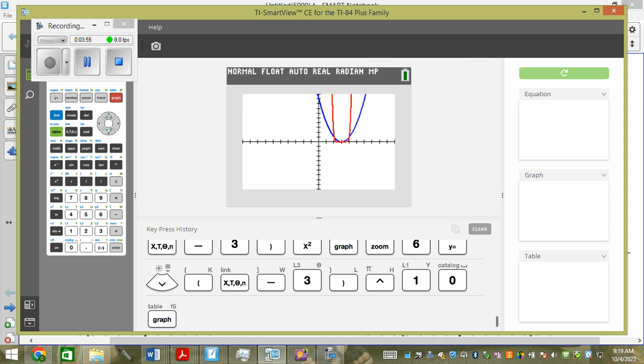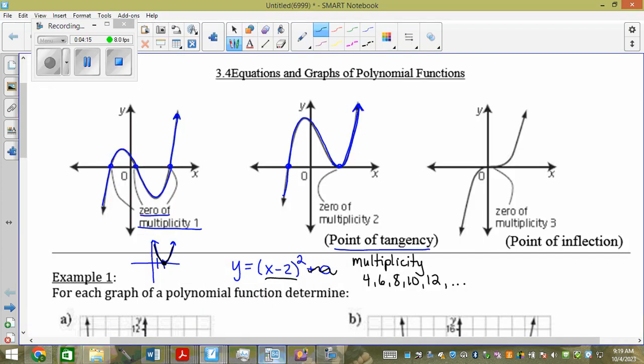What happened? It's still tangent. Tangent means touches in one spot. It's still tangent, but it's just like bouncing 10 times, right? It's like bouncing up, down, up, down, up, down. Because remember, every single x-intercept, it bounces, bounces, bounces, right? So if I go with 10, it would be like this. 1, 2, 3, 4, 5, 6, 7, 8, 9, 10.